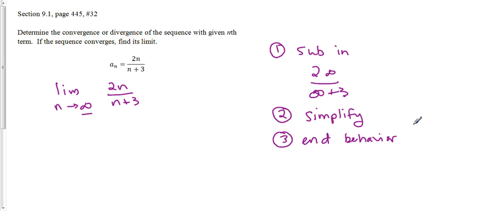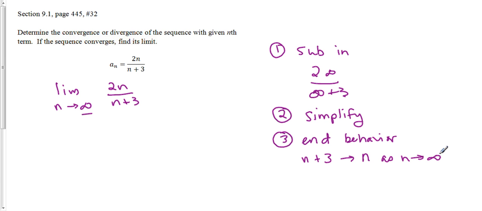But in the denominator, we've got n plus 3. That's a polynomial as well, and using end behavior modeling we can assume that n plus 3 is really going to behave as n as n goes to infinity, which kind of makes sense. As n gets to be very, very large, whether or not we add 3 to it isn't really going to matter very much.